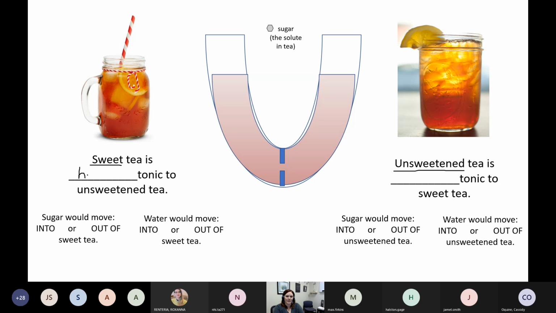My sweet tea is what has a higher concentration of sugar, hypertonic, which means that my unsweetened tea would be the opposite word, right? My unsweetened tea would be hypotonic. It has less sugar, or if we're thinking about it in terms of water, it has more water.